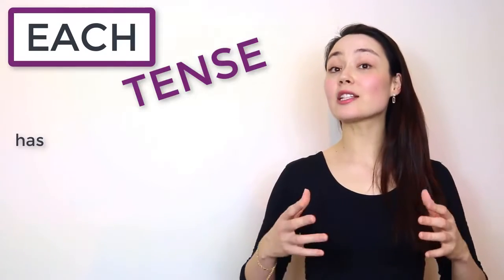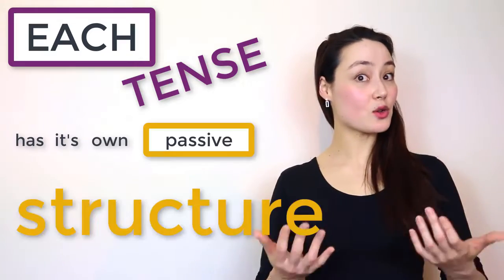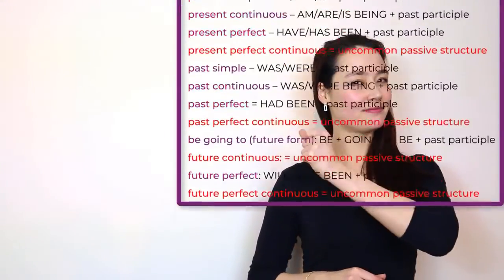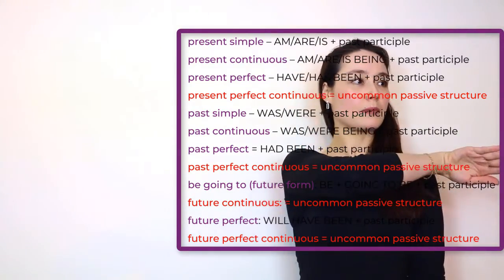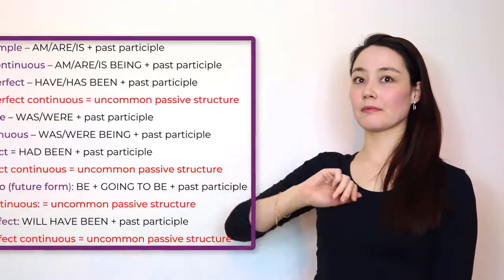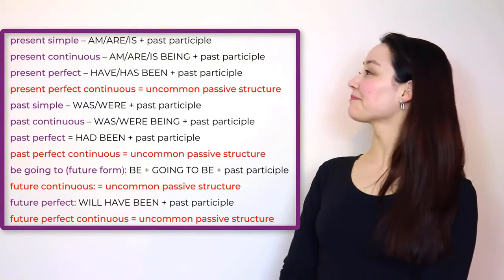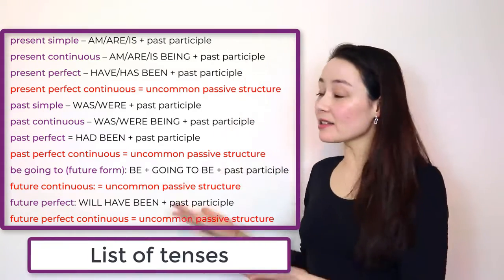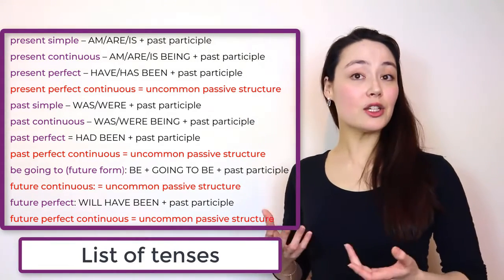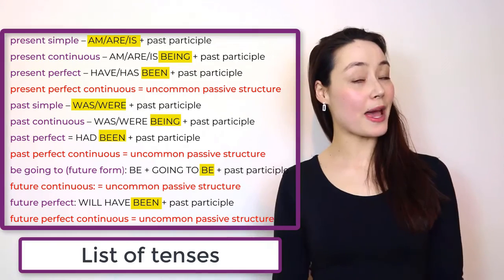Each tense has its own passive structure. You need a list. Here, I have a list of the tenses, and you can see that be and the past participle.